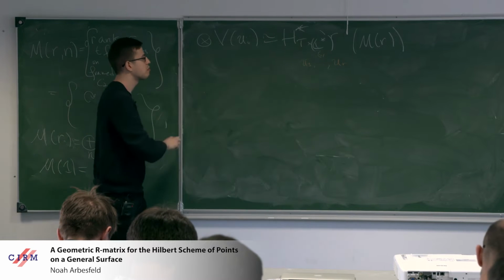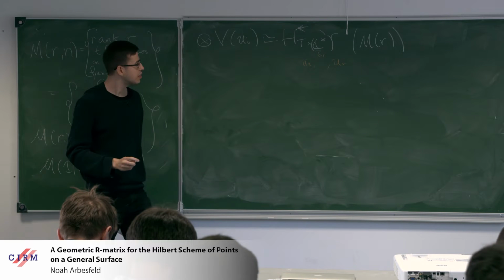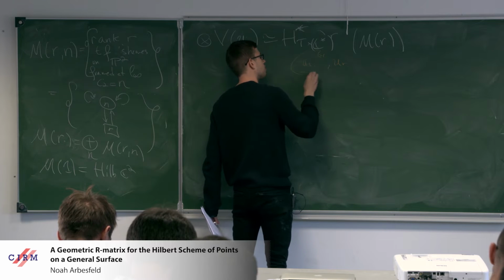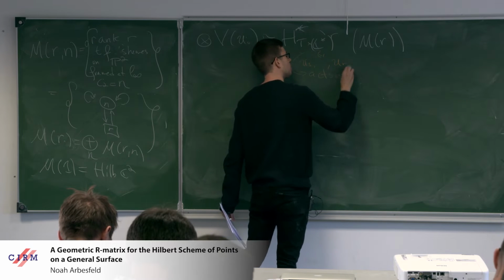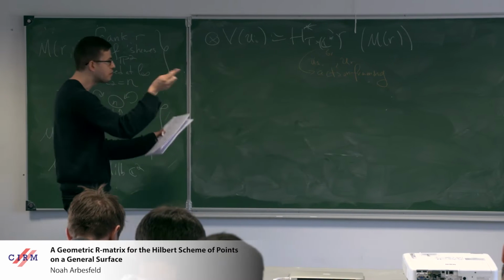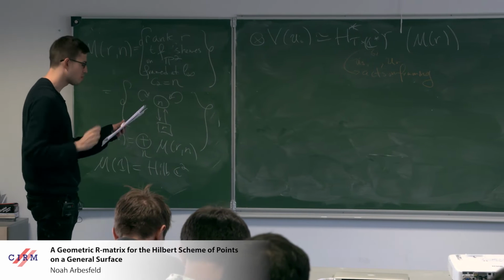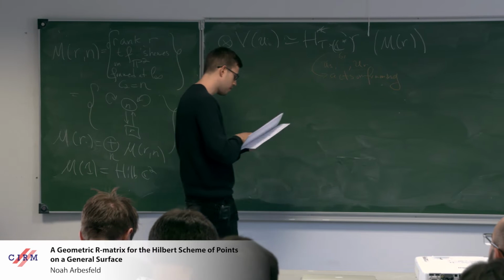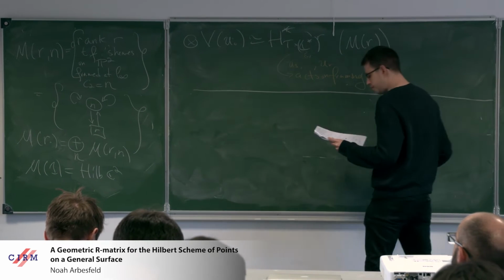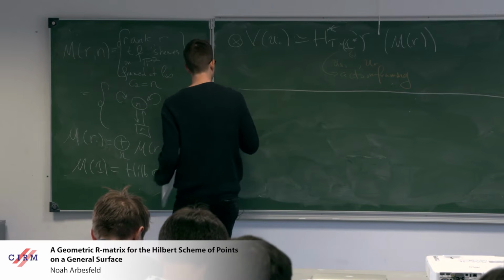So these spectral parameters are realized as equivariant variables here, and this is the torus that acts on the framing. So in particular, it's trivial for the Hilbert scheme, but you can still keep this parameter around.